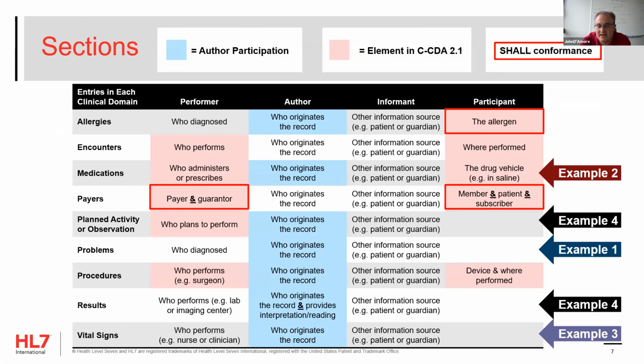So here's the big table. I'll go through the legend first. Author participation. As part of C-CDA 2.1 and as part of meaningful use and the usage of documents that said that you had to track the author in the last modified time, this idea of author participation, which was a separate template but essentially is just an author, was encouraged or included in most of the clinical domains within the entries, really within the act or encounters or observations.